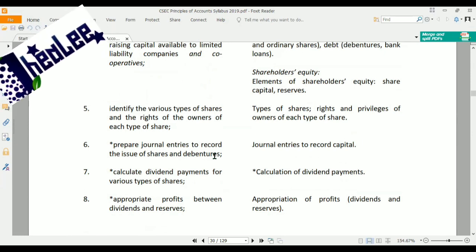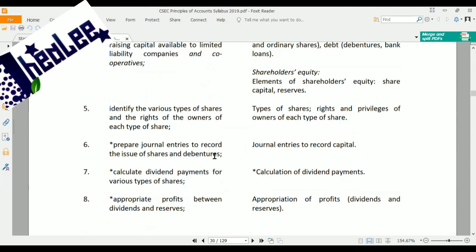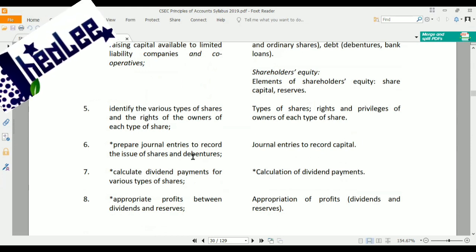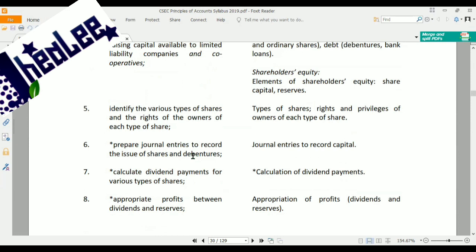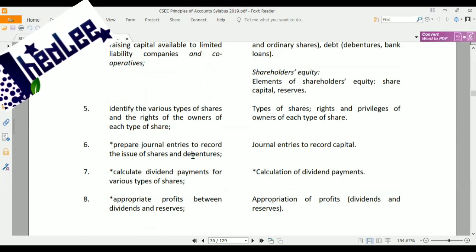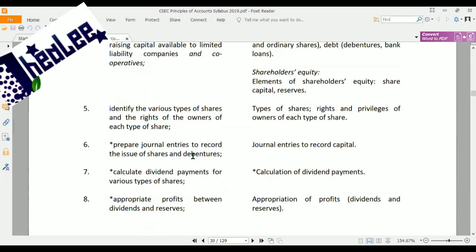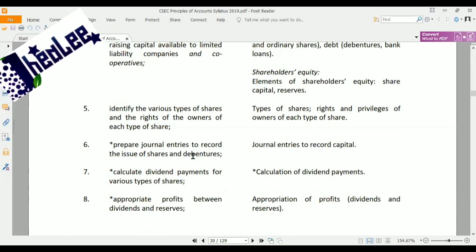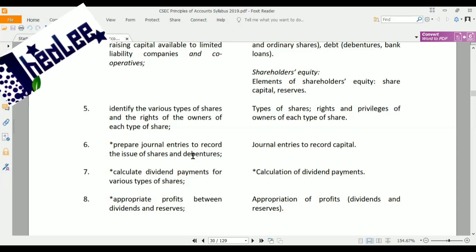And we know that when capital increases, going right back to the double entry rule, you make a credit entry, right? So therefore, the journal entry would be to credit your share capital, whether it is ordinary shares or preference shares, and then you would debit whether it is bank or cash, depending on what method you receive the payment in.